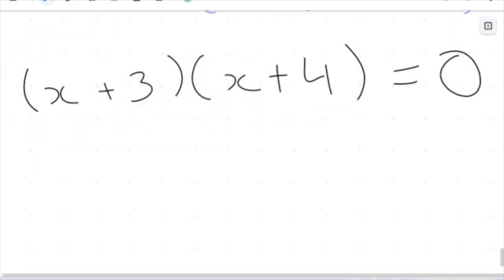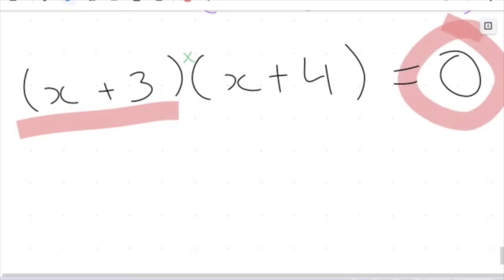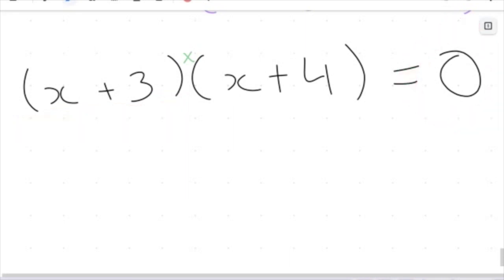Now, I know I sound like a broken record here, but because we have a product, we can use the null factor law. When we find the two cases where each is 0, 0 times anything else gives me an answer of 0. So these will be solutions to my quadratic equation.